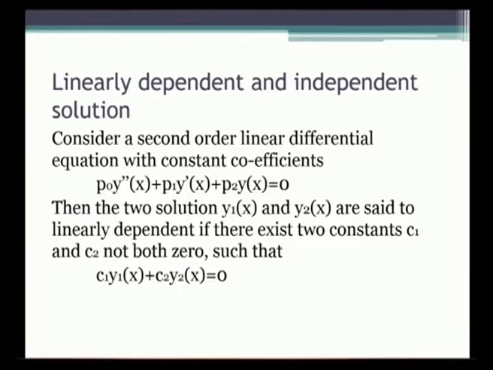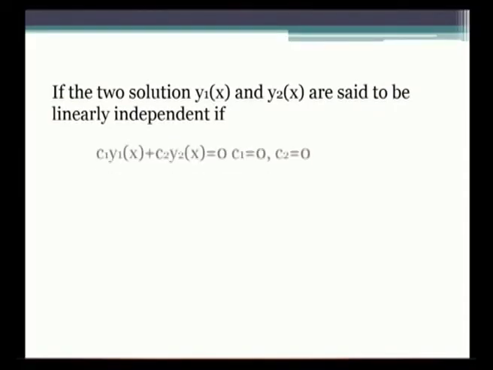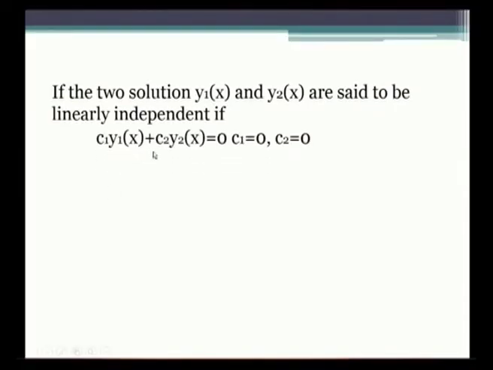So, from this part we learnt the condition for linear dependency of the two solutions: c1 y1 of x plus c2 y2 of x is equal to 0, such that the constants c1 and c2 are not both 0. For linear independence, c1 y1 of x plus c2 y2 of x is equal to 0 where c1 is equal to 0 and c2 is equal to 0.